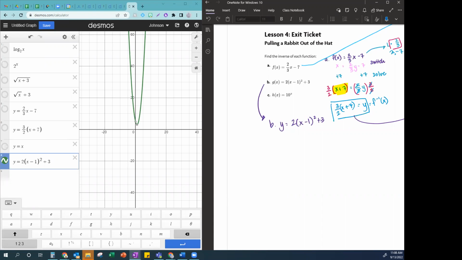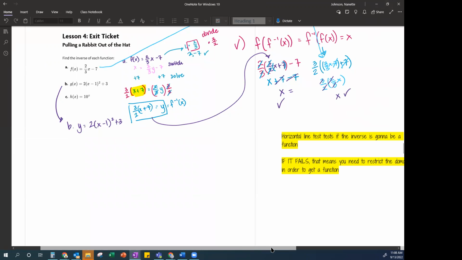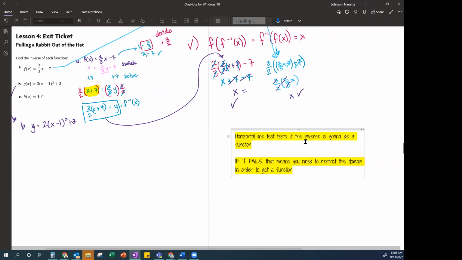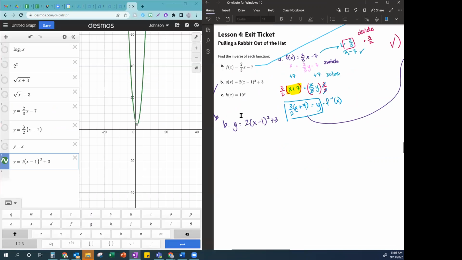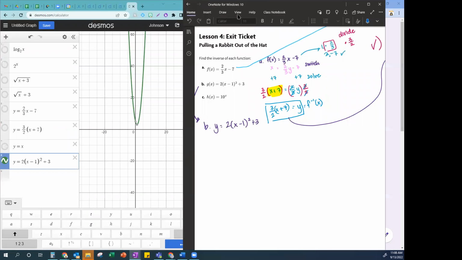Whenever you're using the vertical line test, you're checking if the thing that you're looking at is a function, versus the horizontal line test over here, which tests if the inverse is going to be a function. So when I look at this, if I said, hey, Ms. Johnson, can I use the vertical line test on this? I say, yes, absolutely. So you go through and you're like, Ms. Johnson, it passes. It passes, but what does that mean, right? When it passes the vertical line test, this green function, you just said, check, it's a function.